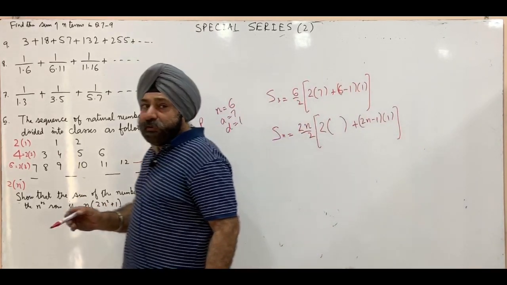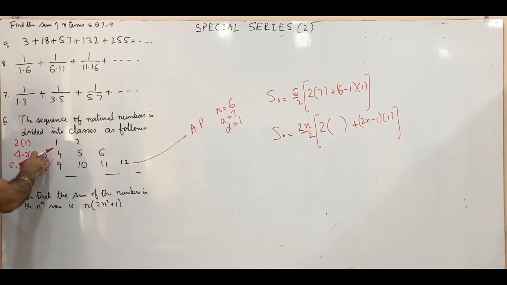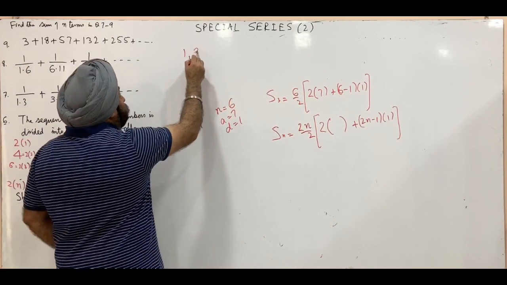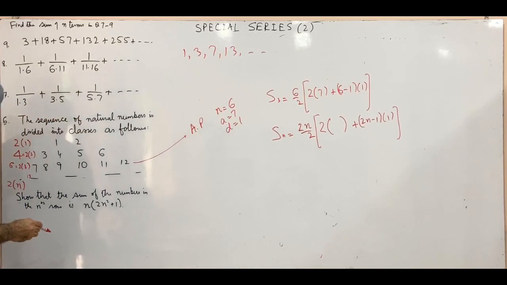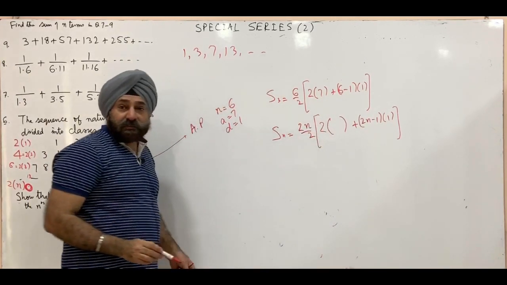And how do we find out first term of the nth row? So we write this series of first terms 1, 3, 7, next will be 13. Let's write 1, 3, 7, 13 and so on. And we have to find out this first term here, and that first term we'll write here to get the answer.